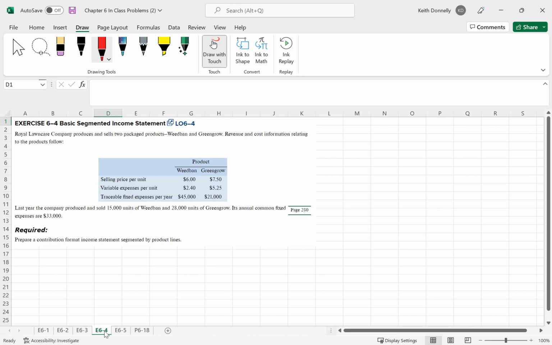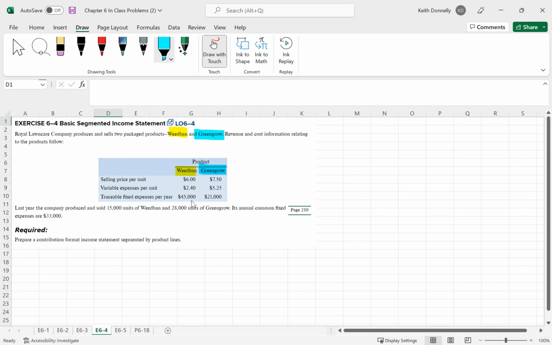All right, let's go to exercise 6.4 here. They're giving us some information. We have a lawn care company. They sell 2 products. It looks like Weed Ban is one of their products, and then they sell Green Grow. Revenue and cost information related to the following.